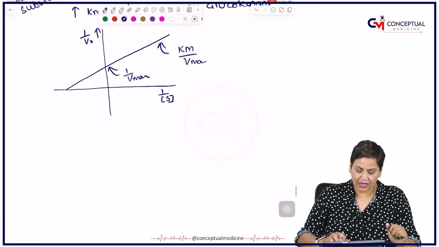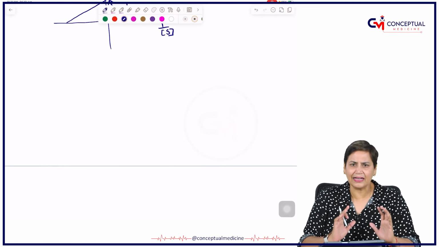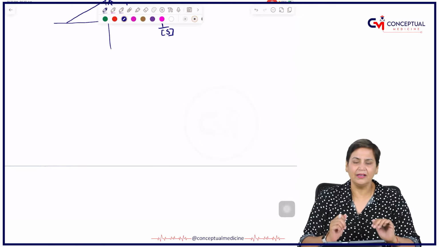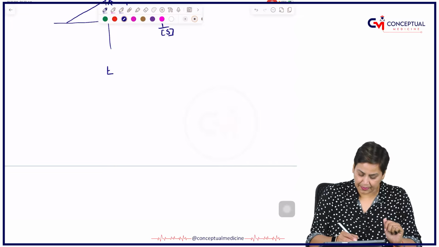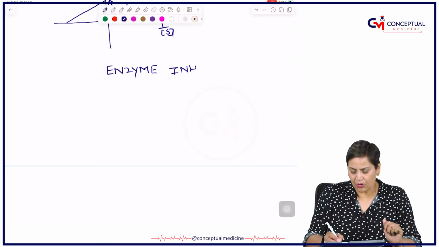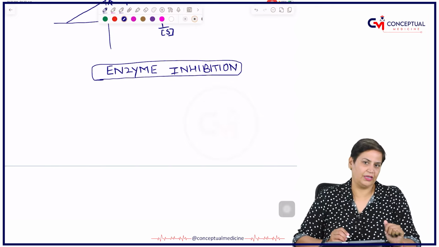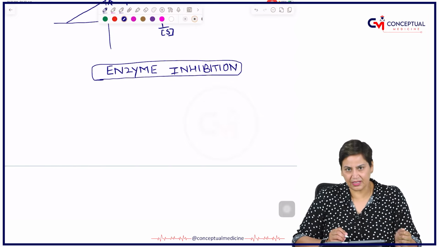Now after this we are going to deal with a very important topic which coincides with the kinetics, that is enzyme inhibition. See, all the biochemical reactions are governing the rate by lowering down the activation energy as previously discussed.